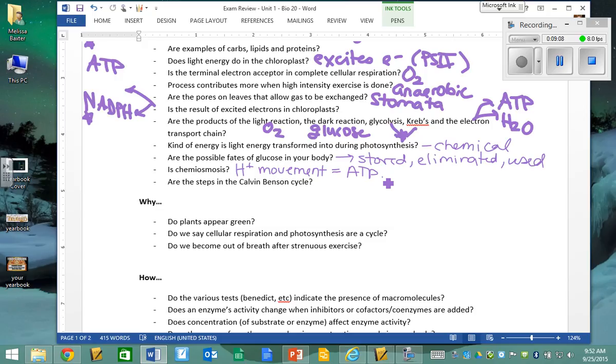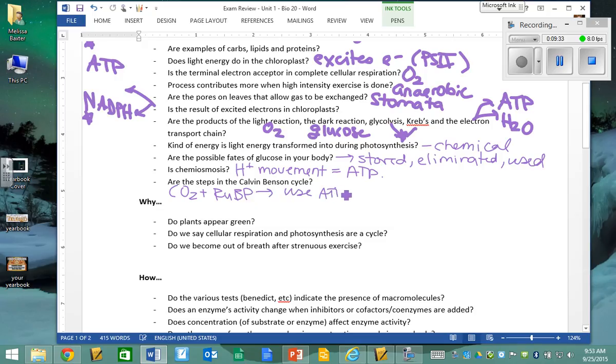Now for the Calvin-Benson cycle, and it was a question on your photosynthesis quest too, I asked you very briefly, in what order do things happen? So very briefly, CO2 enters the cycle and there's this molecule, RuBP, waiting there to accept it.